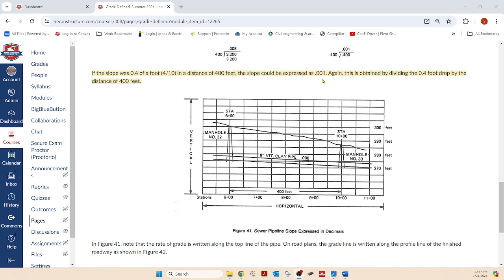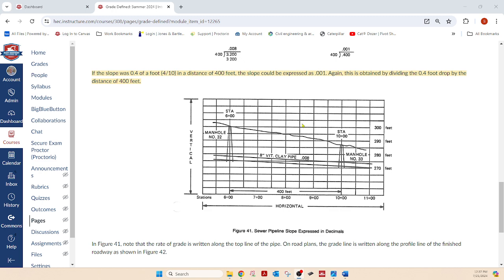What percent would that be? If you wanted to know what percent that was, you would multiply times 100, and you would come up with 0.1 or 1/10%.